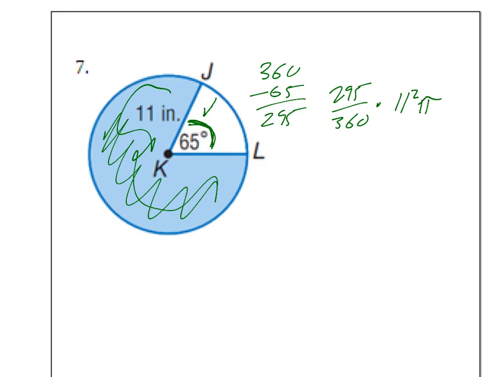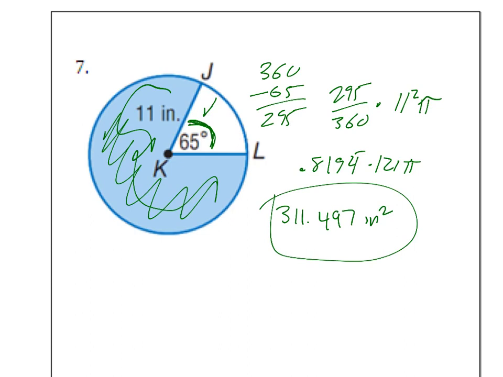So when I do that, 295 divided by 360 is going to be 0.8194 repeating, times 121 pi. If I take that times 121 pi, I'm going to get 311.497 inches squared. That's going to be my answer.